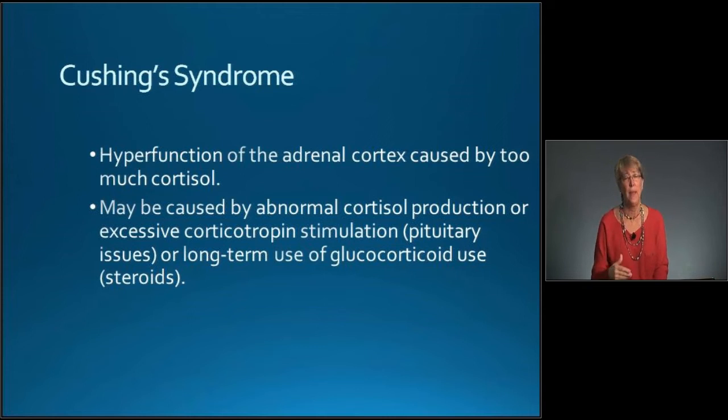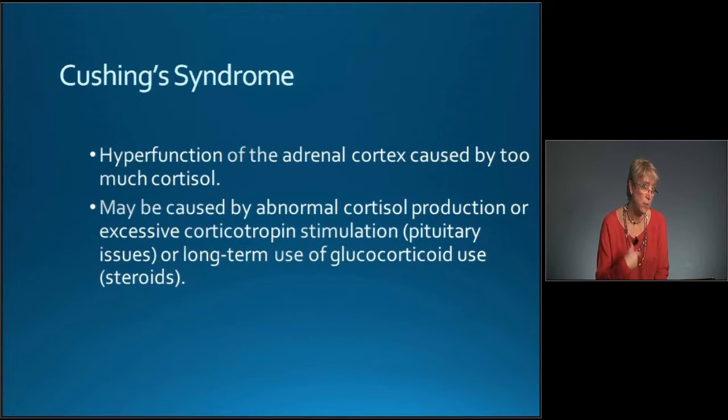With Cushing syndrome, we now have a hyperfunction of the adrenal cortex that's caused by too much cortisol. You know, one of those fight or flight hormones. Now this could be caused by an abnormal cortisol production or excessive corticotropin stimulation.